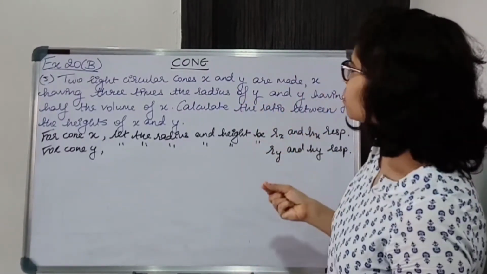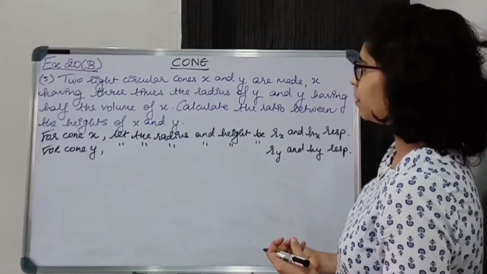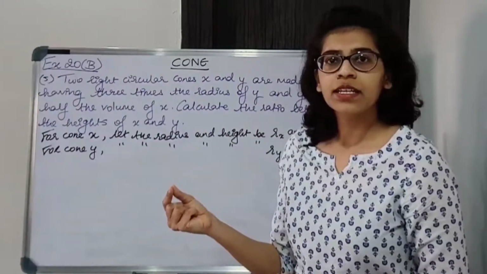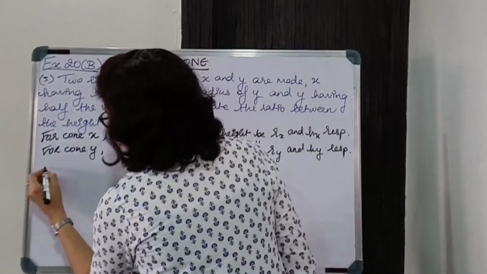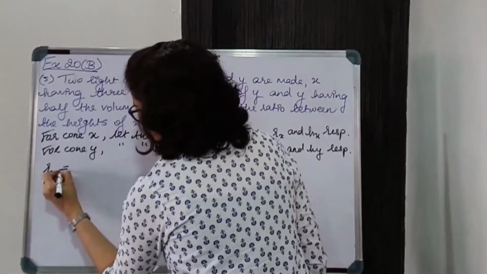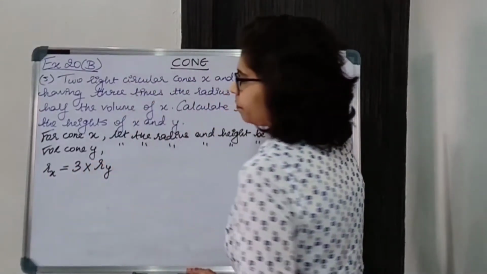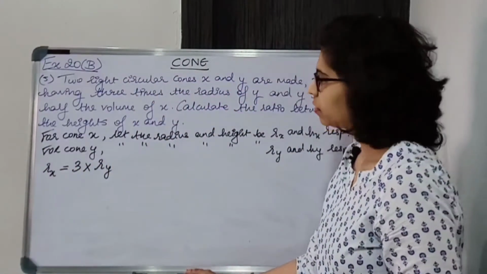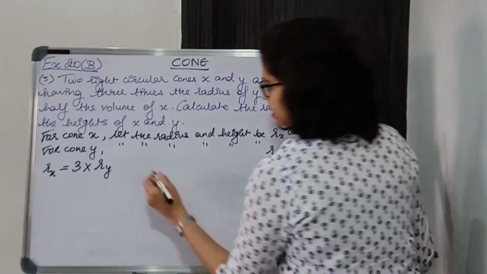Now we'll write down the information given. Two right circular cones x and y are made, x having 3 times the radius of y. So x's radius is equal to 3 times the radius of y. So rx is 3 times the radius of y, thrice. And y having half the volume of x.